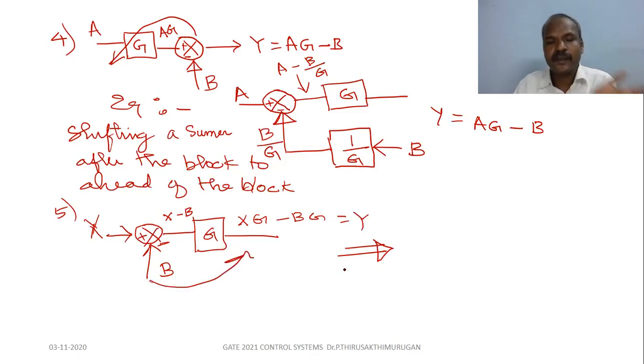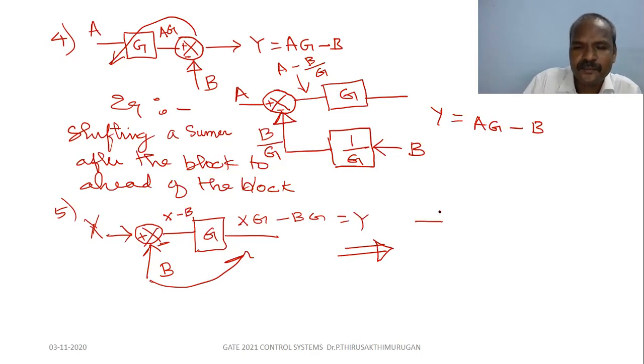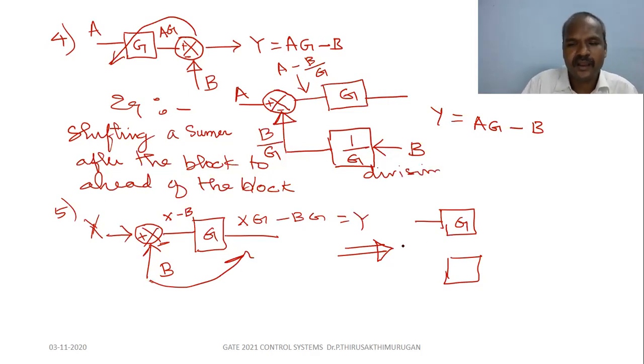Simply multiply the G values. When we shift from after the block to ahead of the block, we divide by G. When we shift from before the block to after the block, just put the same G here.